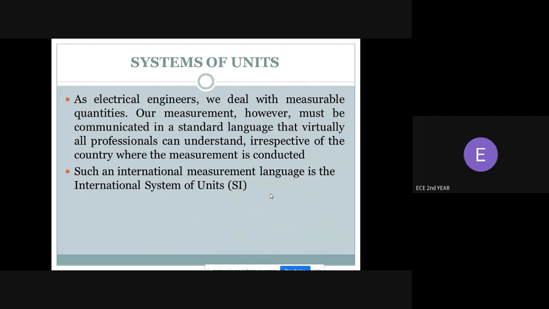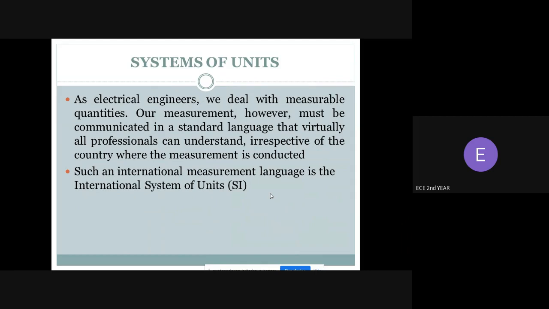In electrical engineering, we deal with measurable quantities or measurements. However, they must be communicated in a standard language that virtually all professionals can understand, irrespective of the country where the measurement is conducted. Such an international measurement language is the international system of units, called SI units.